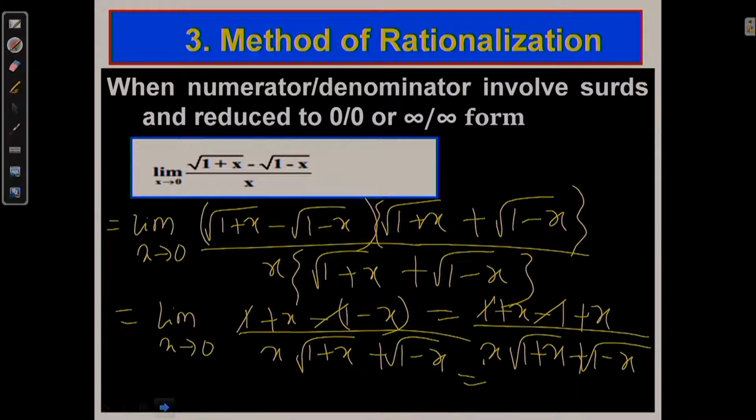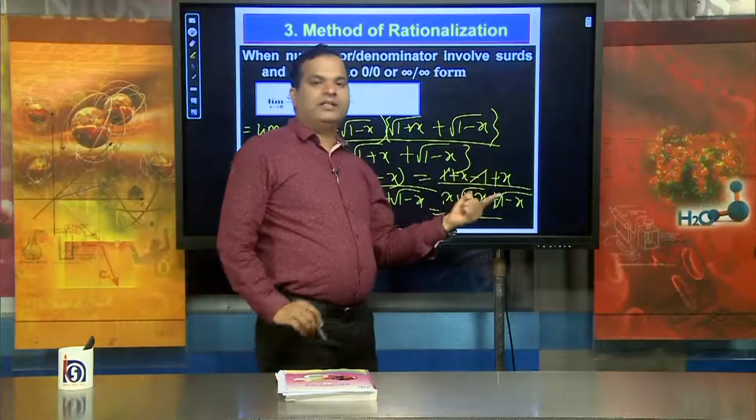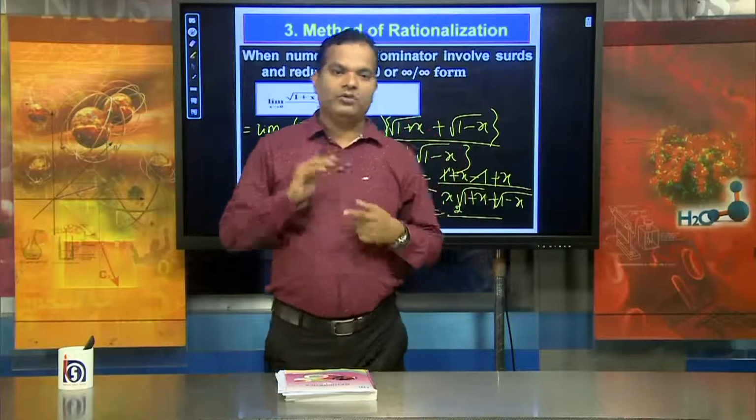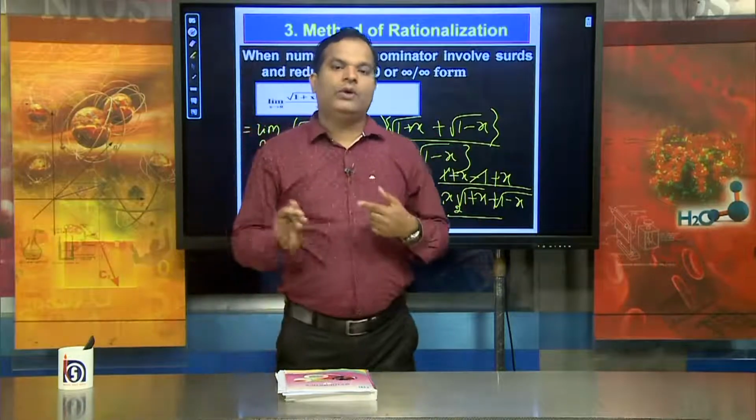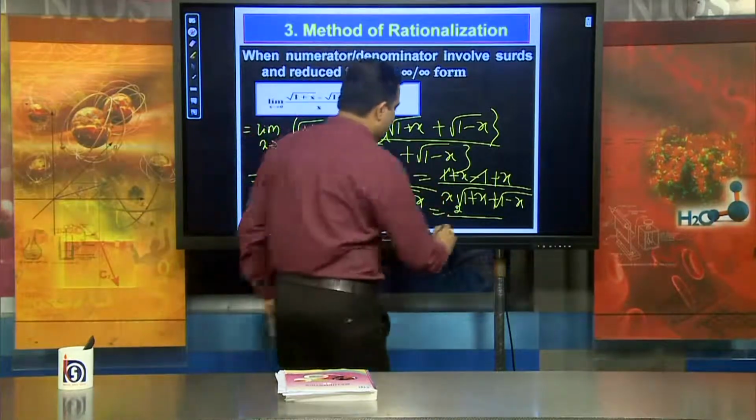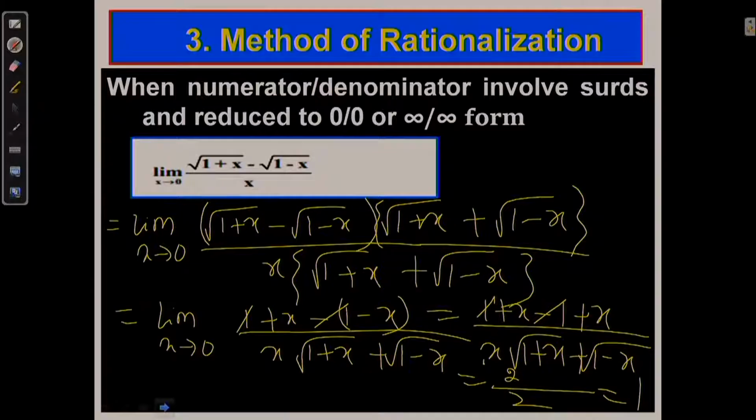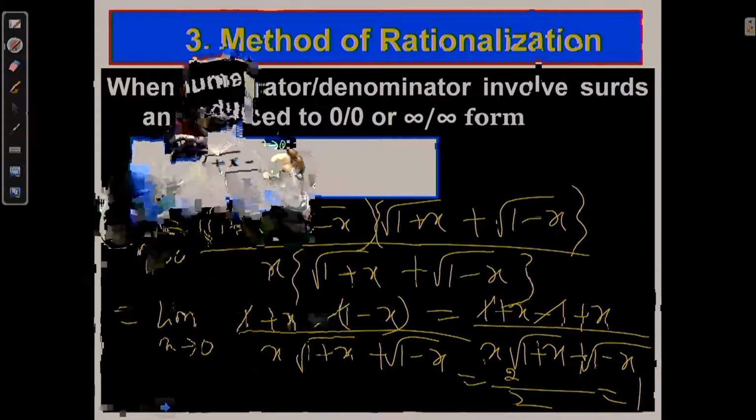So I can write 2 divided by, now x tends to 0, means 1 plus 0, that value is 1, plus 1 minus 0, value is 1, 1 plus 1 is 2. 2 divided by 2, the value will be 1. That means you have to find out the value. This is one way to find out the value.